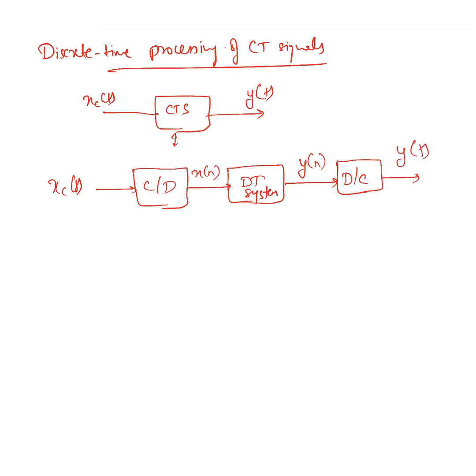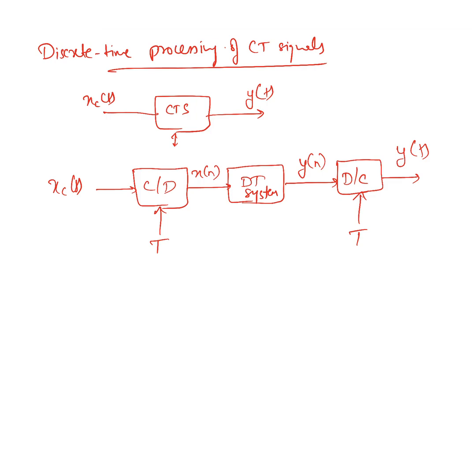Now, so far we have discussed that this continuous to discrete time conversion happens with some sampling time T, and the reconstruction also happens with some sampling time T. We have discussed how to discretize a continuous time signal, and we have separately discussed how to reconstruct that signal.